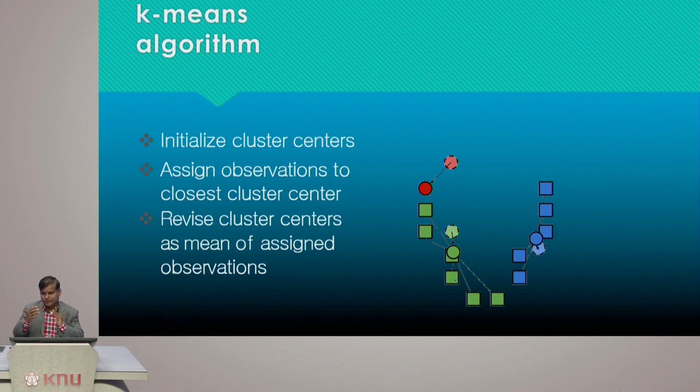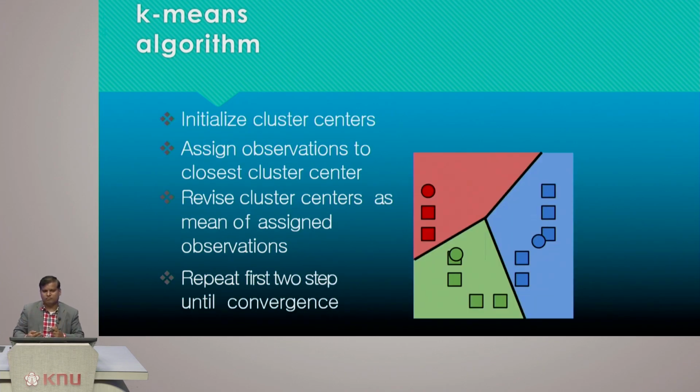As I said about the red one, you put the red cluster center right over that object, and in the meantime you redefine the other cluster centers as well. Then we measure the distance between these cluster centers and the other objects belonging to that cluster. It's an iterative process. Iteratively you go to the next cycle, repeating the first 2 steps: assigning the cluster centers and assigning the observations that are closest to the cluster center.